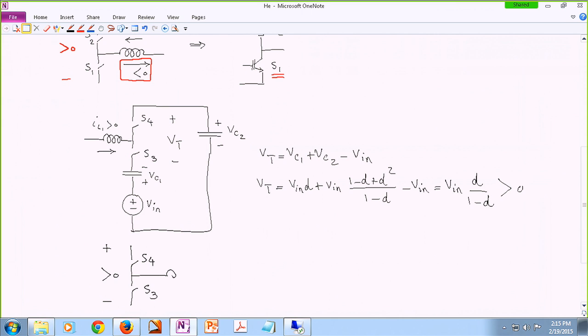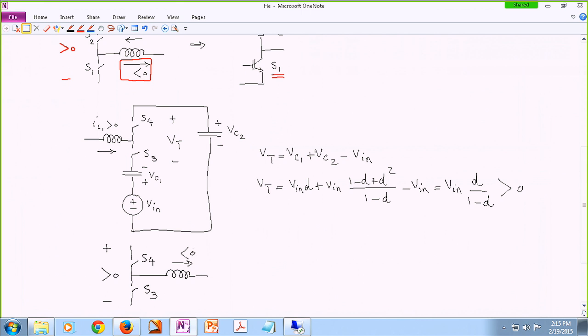Then let me redraw this in a way that I'm defining a very standard cell of a single pole double throw switch with a pole current that is negative. I just swapped the place of the inductor to be on the right hand side to look like the standard way that I know. So again, we end up with a throw voltage that is positive and a pole current that is negative.